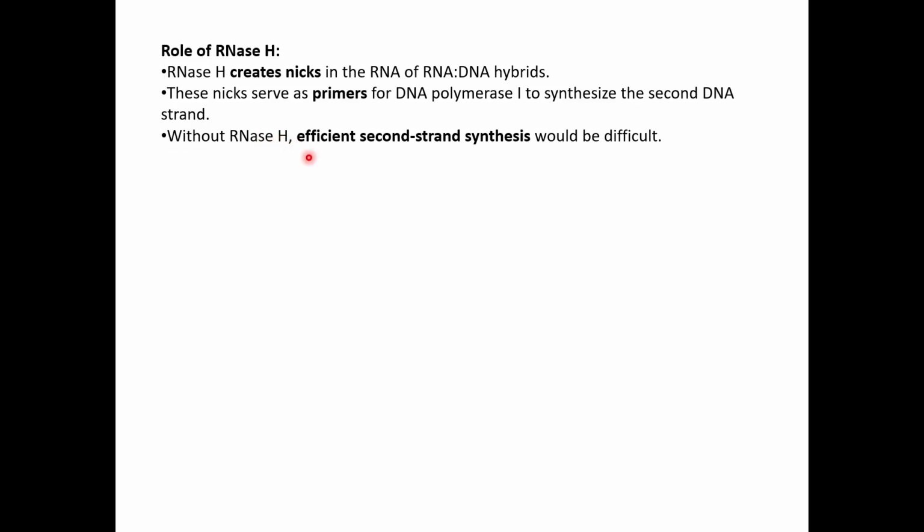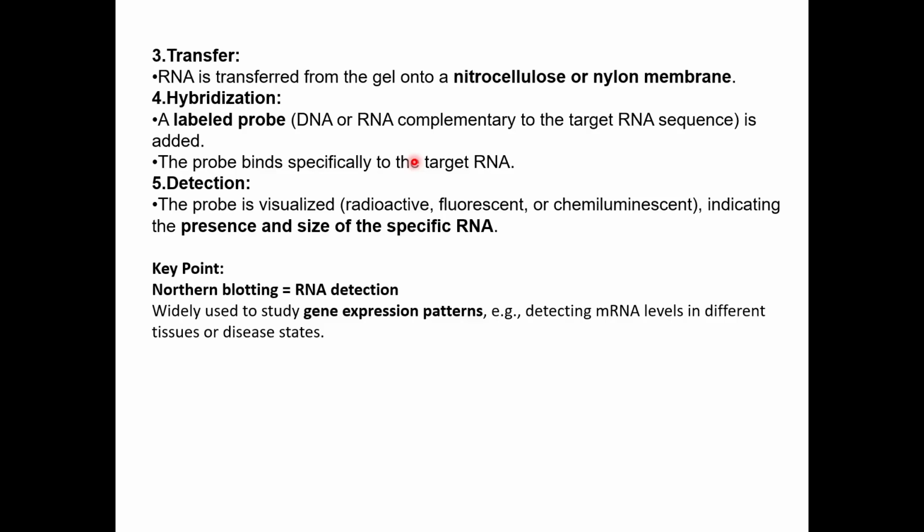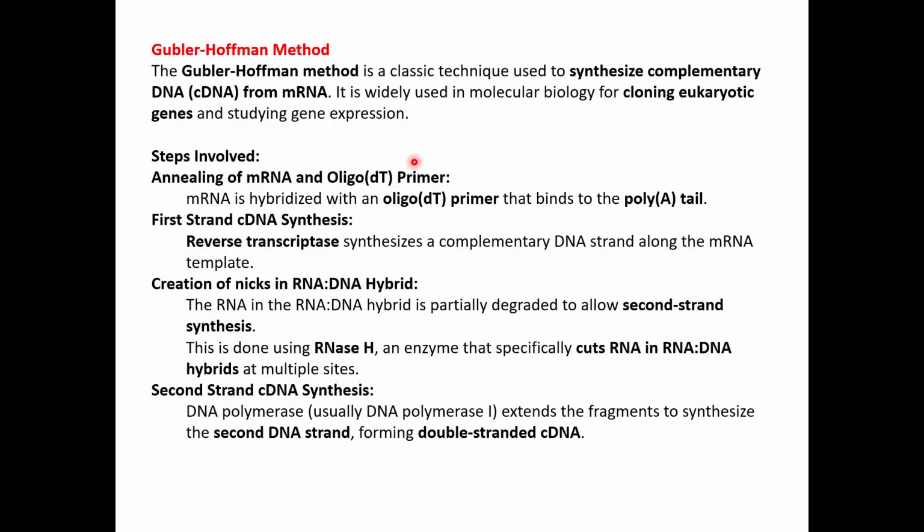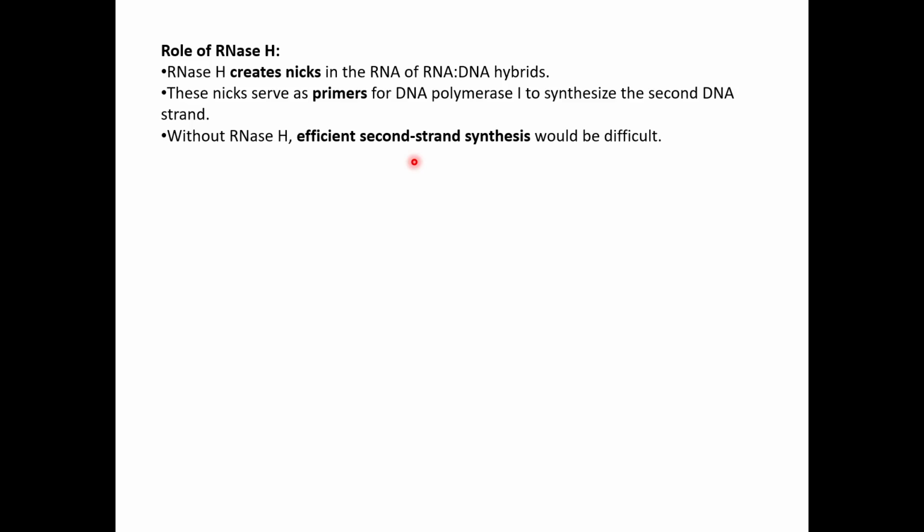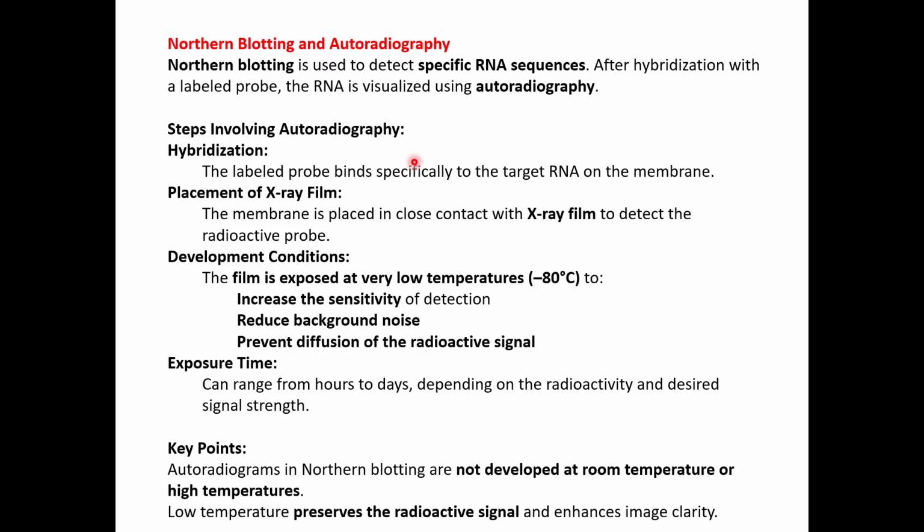Without RNase H, efficient second strand synthesis would be difficult. So this improves the efficiency of second strand synthesis. This was about the Gabler-Hoffman method and the use of RNase H.